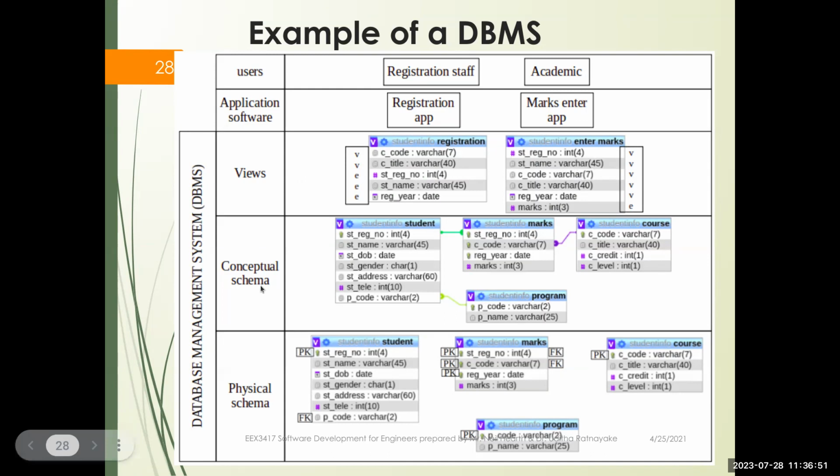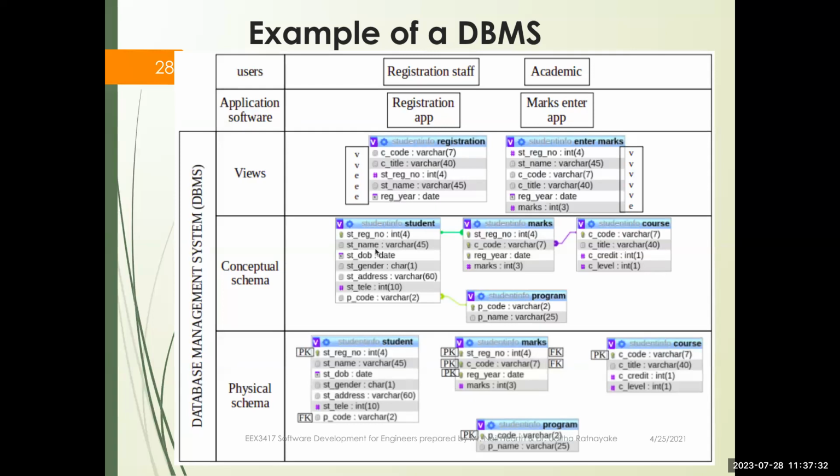Now the conceptual schema: think about the physical schema. There are separate tables: course, marks, students, programs. In the conceptual schema, they have been linked through the student registration number. Now, how can we get the student registration number and student name?